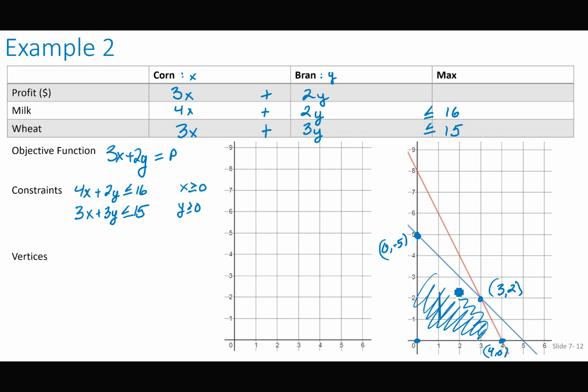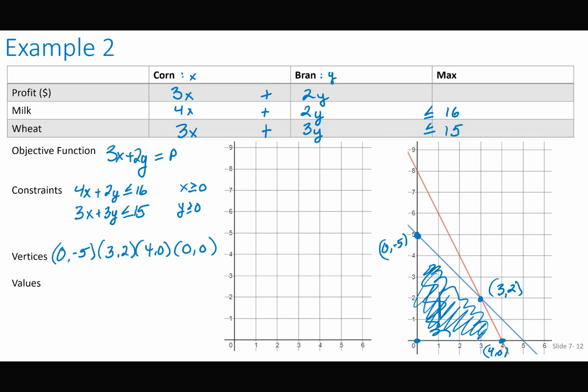And I want to see that you shade or clearly identify the feasible region that you're working with. So vertices 0, 5, 3, 2, 4, 0, and 0, 0.